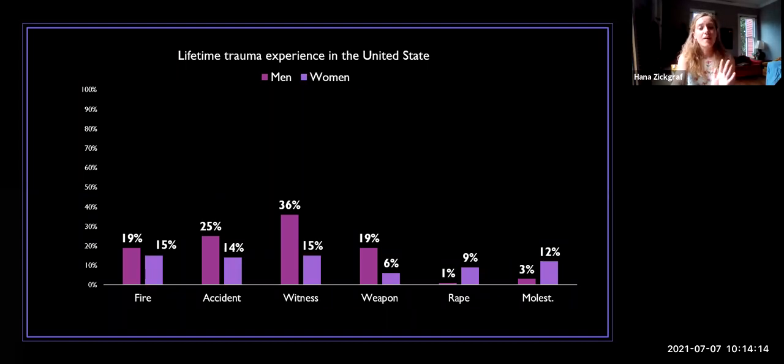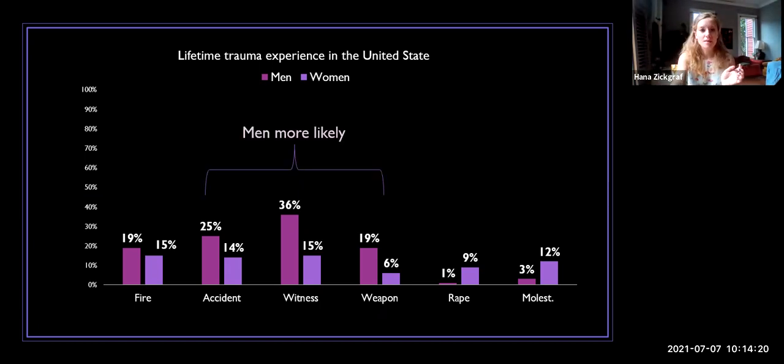So one, although men are more likely to experience trauma across the board than women in the United States, the types of trauma that men are more likely to experience are less likely to be interpersonal traumas. So men are more likely to experience recreational and occupational accidents and car accidents, and are more likely to witness violence and assault.